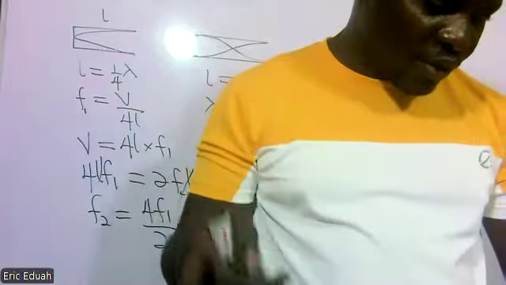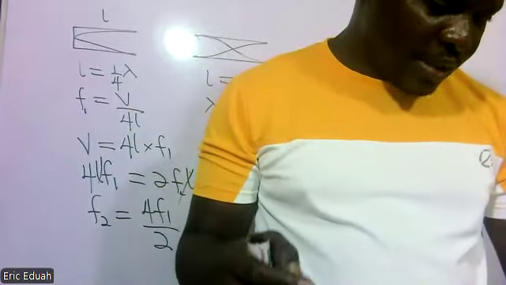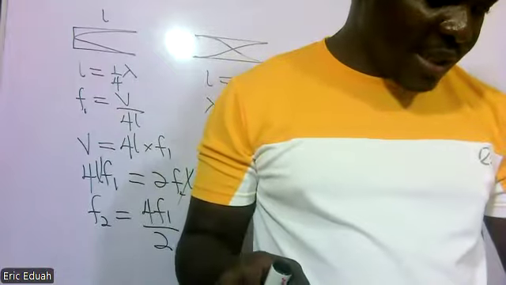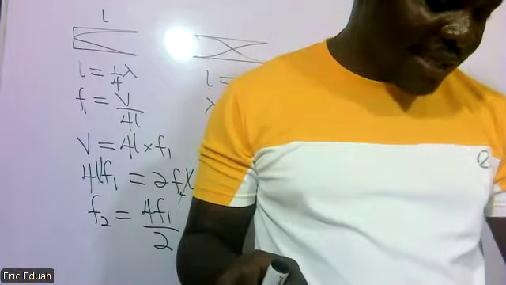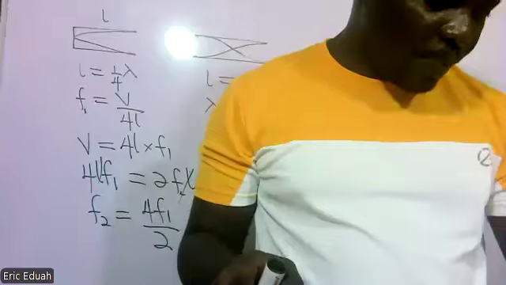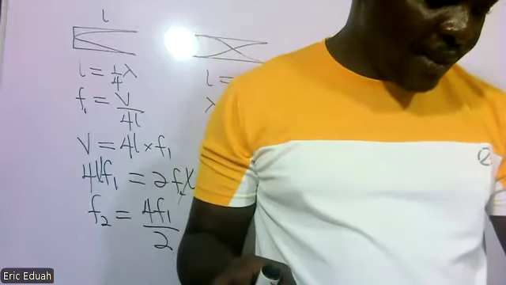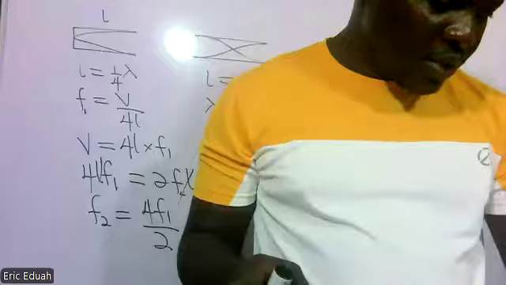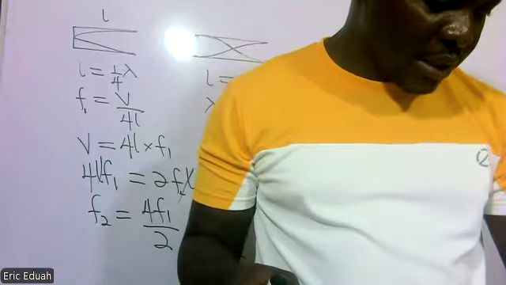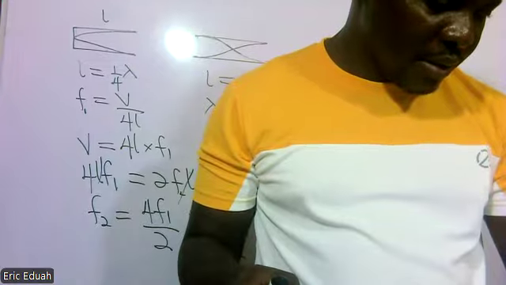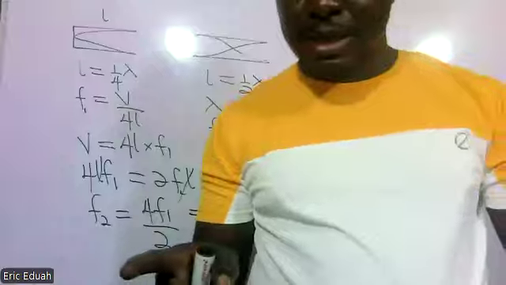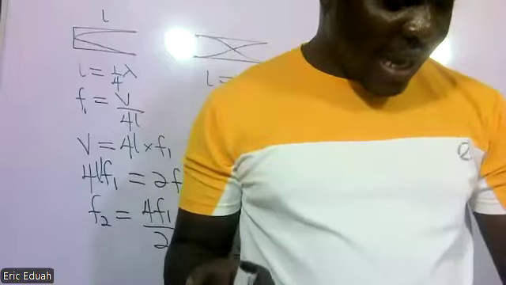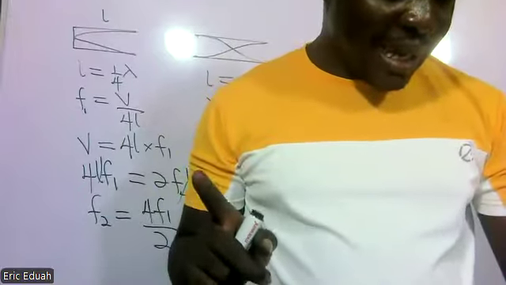The first overtone in a closed pipe has a frequency, and C is saying, which is the same as that of the first overtone of an open tube of the same length. True or false? C is false. And then D, none of the above.